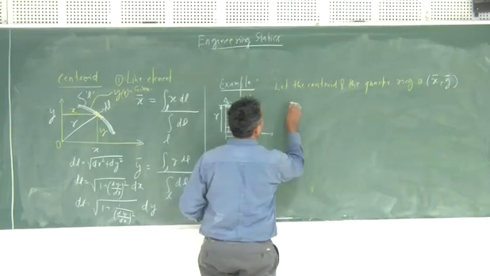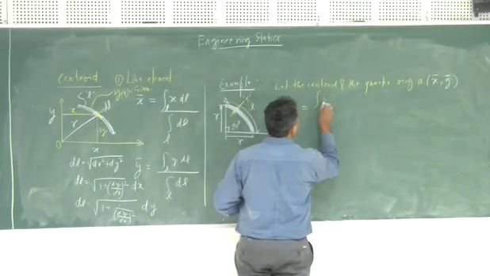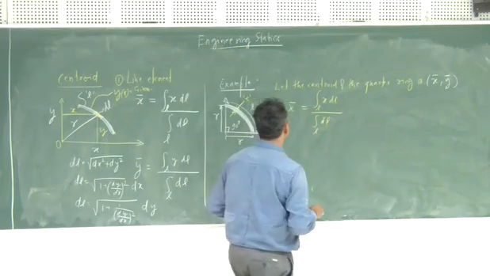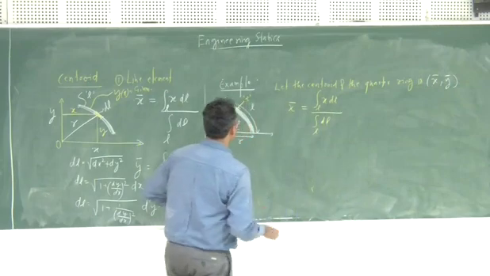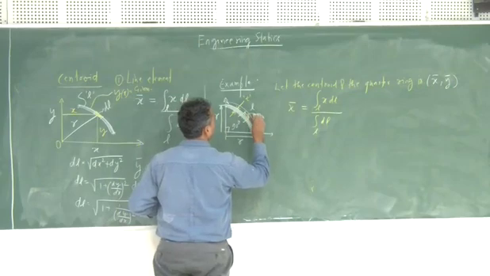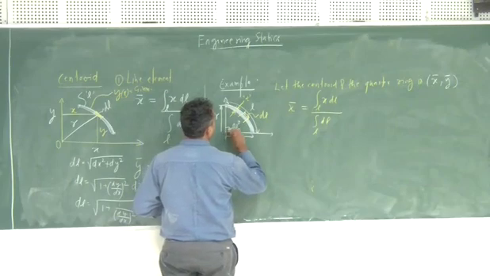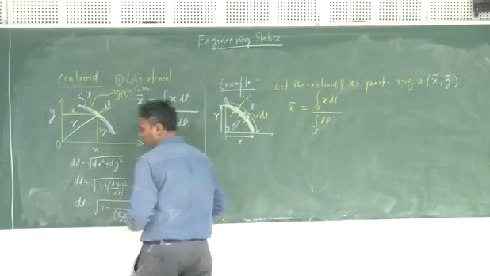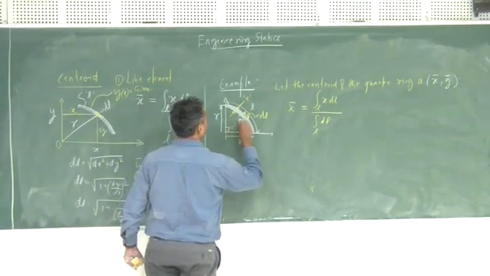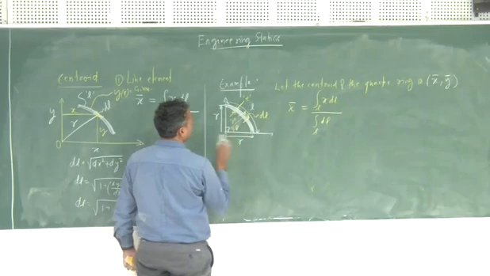So x bar will be defined as the integral of x dl over L. It means that you try to find first of all dl. Take an element here, positioned at an angle theta, and this is your r, which is given over here.